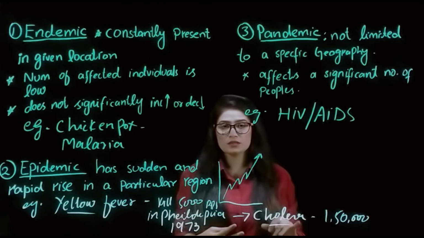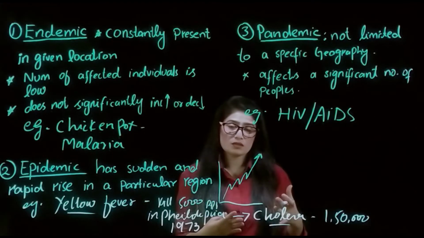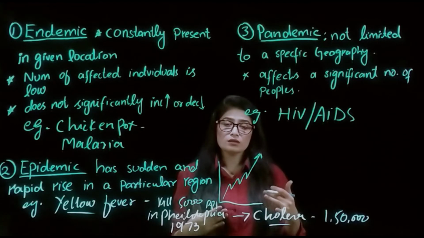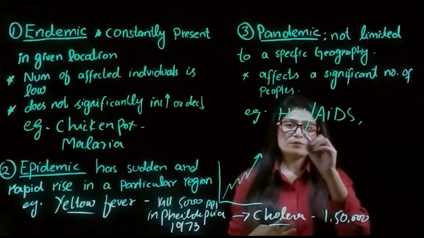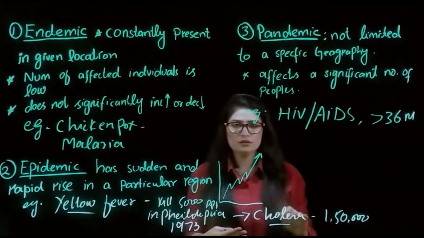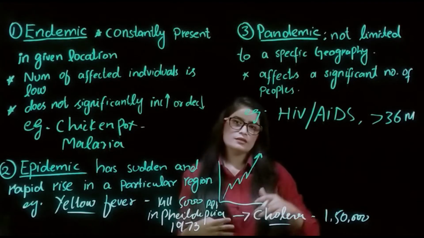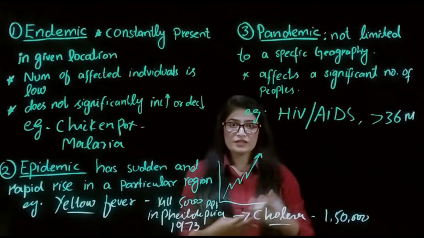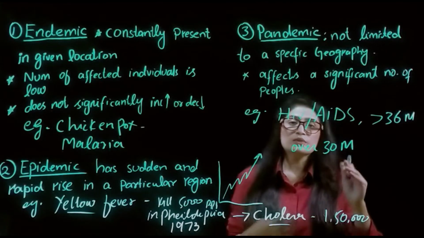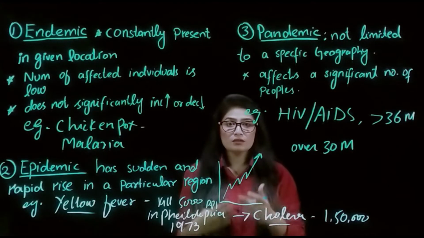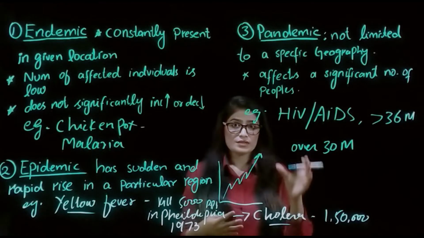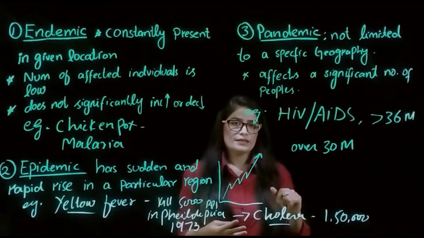This is one of the viruses or diseases that spread and claimed the lives of more than 36 million people in Europe, in America, and other parts of the world, and over 30 million people are still living with this disease. So this is a very serious pandemic that spread at that time.